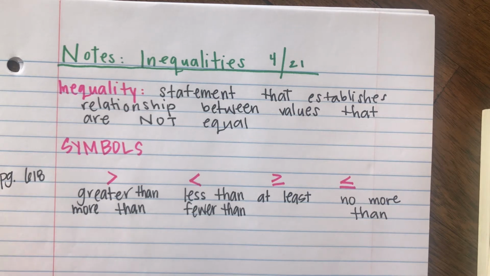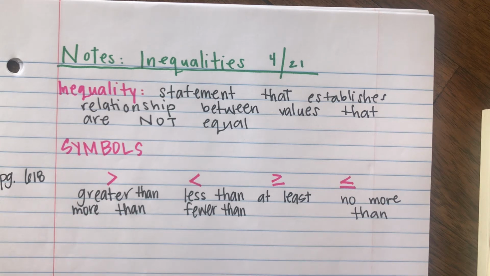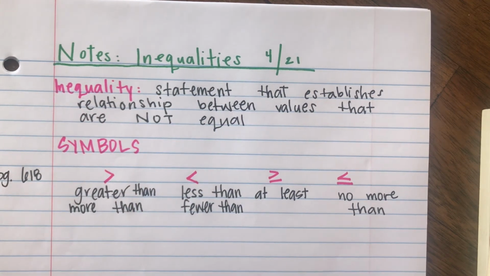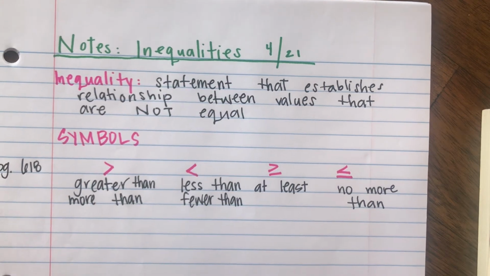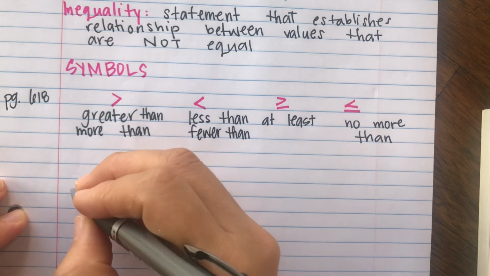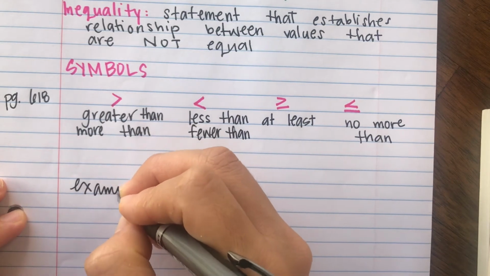And so in this lesson, what you're going to be looking at is values and deciding whether the values fit a number sentence. The thing about inequalities is that you have an infinite amount of solutions based on the relationship. Let me explain. I'm looking at example number 1 from page 16, example 1.